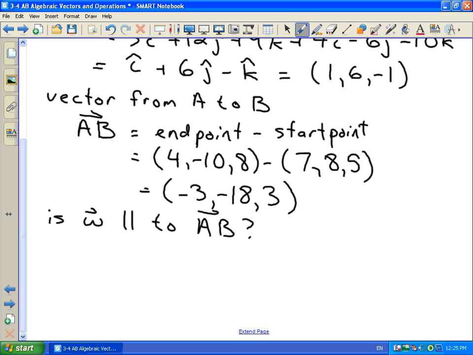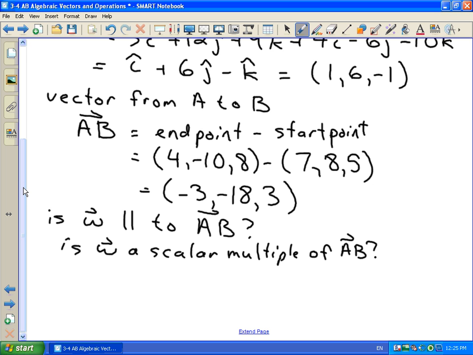Well, we learned back in Unit 1.2 that two vectors are parallel if they are scalar multiples of each other. So if w is parallel to AB, the two are going to be scalar multiples. So we could rephrase this question as, is w a scalar multiple of AB?